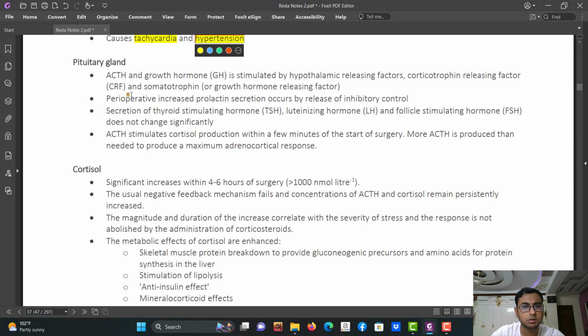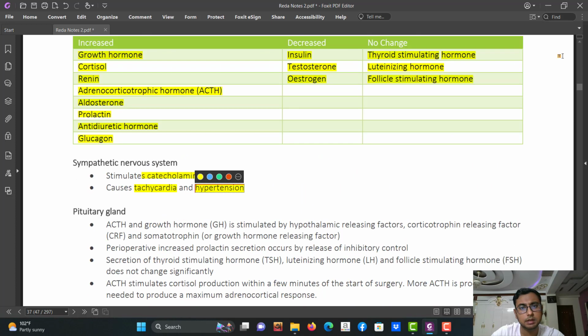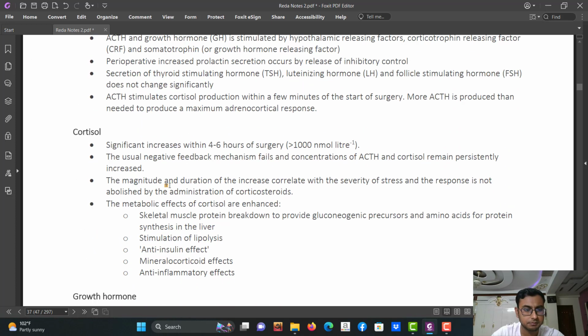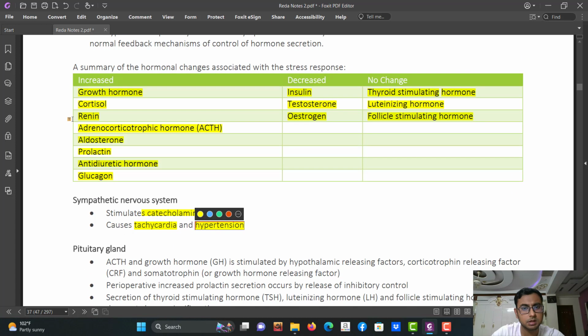And among the pituitary hormones, ACTH, growth hormone and prolactin are increased preoperatively, while inhibitory control has no change. This chart is described here. If you go through the PDF, you can see what is written here, because everything is described in this chart. Try to memorize this chart.